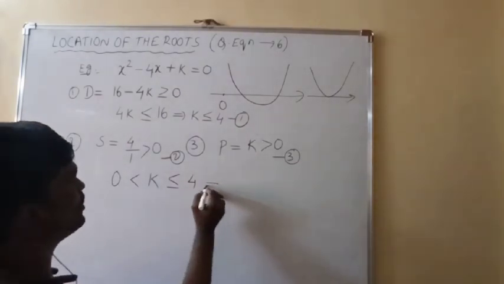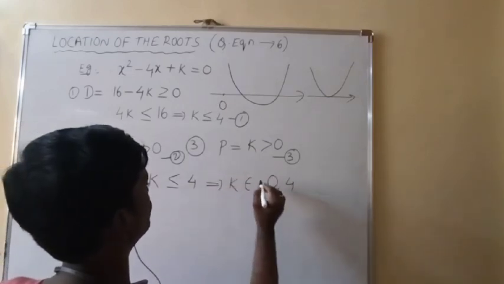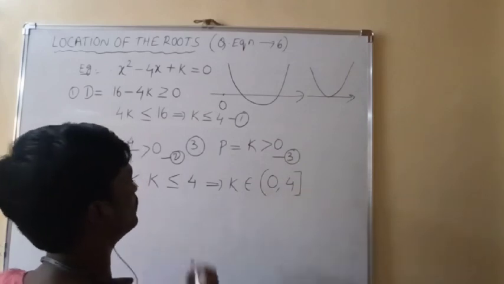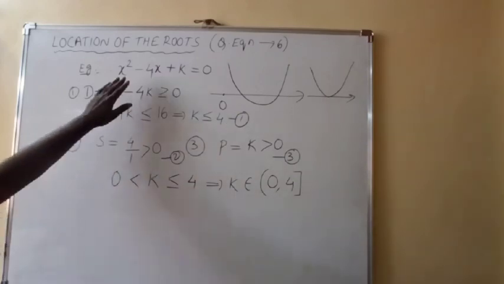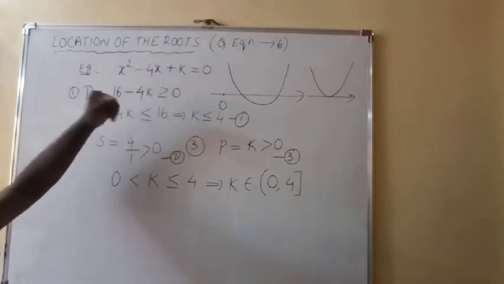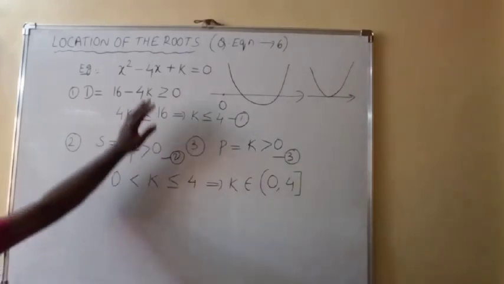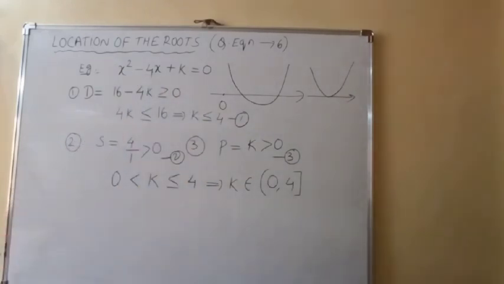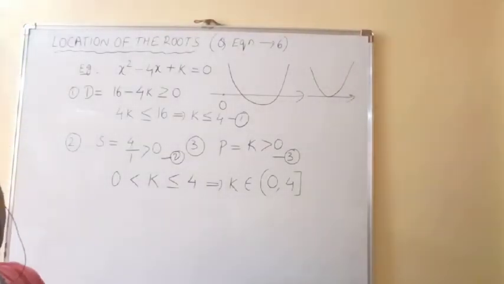So k belongs to the interval (0, 4], 0 not included, 4 included. For these values of k, the given equation has two roots which are both positive, and only for these values of k.